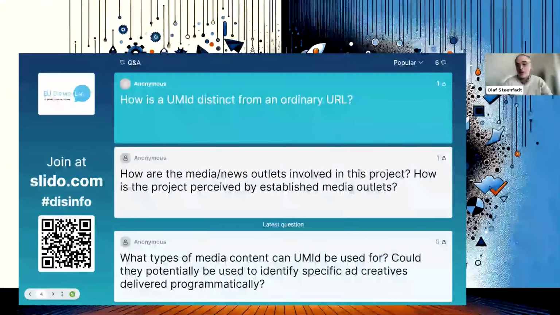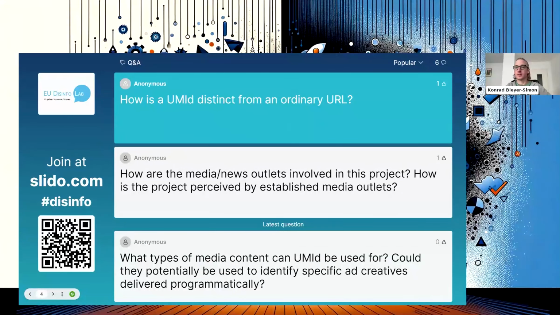And then one level down, under the media outlet, you have several distribution channels, and a URL is one distribution channel. It's a website. Another distribution channel could be a social media account or a streaming channel or an FM terrestrial radio frequency or a printing press and a printed paper. So these are all different channels under one media outlet that would carry the unique media identifier.